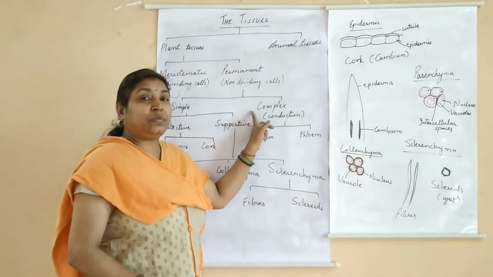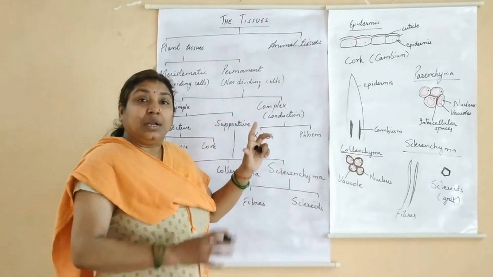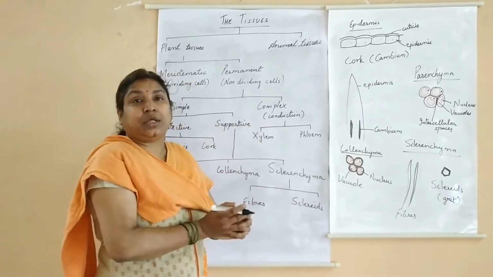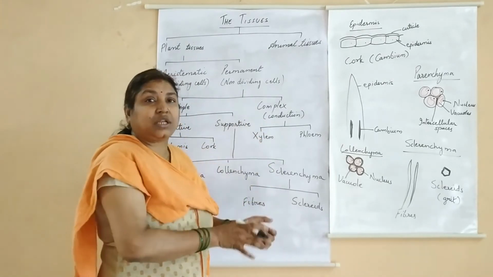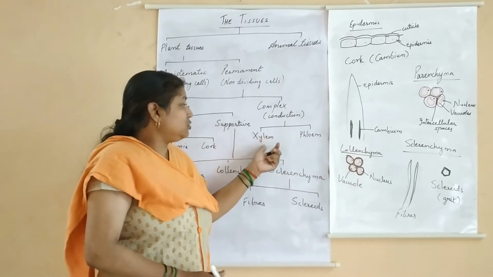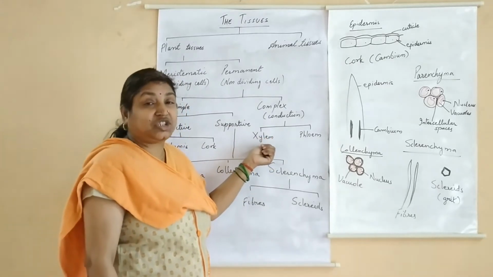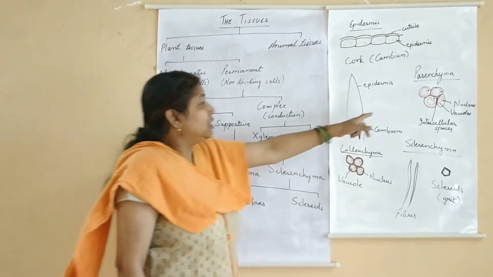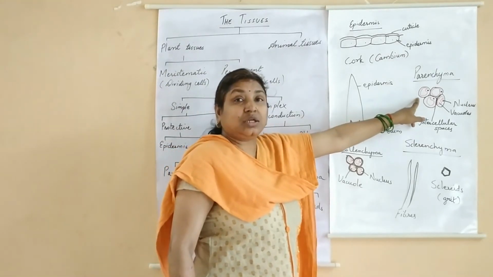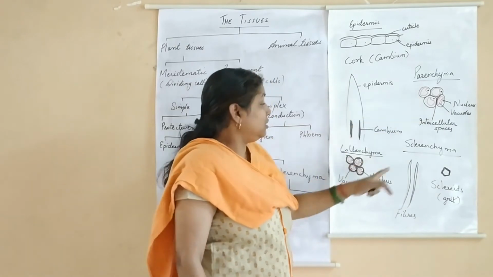Whereas in complex permanent tissue, you will have a number of tissues combined together. All those types of tissues that we are going to study under xylem have their separate shape and size. You can see here parenchyma, all the cells look similar.